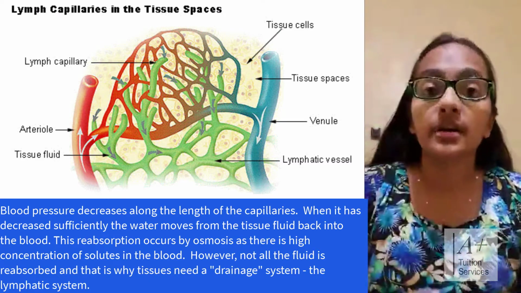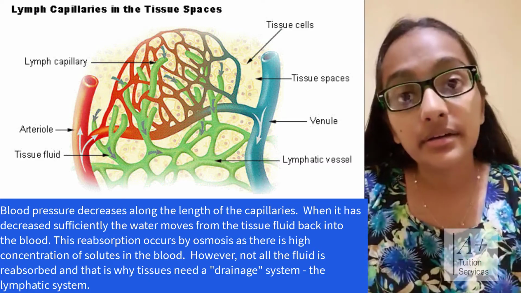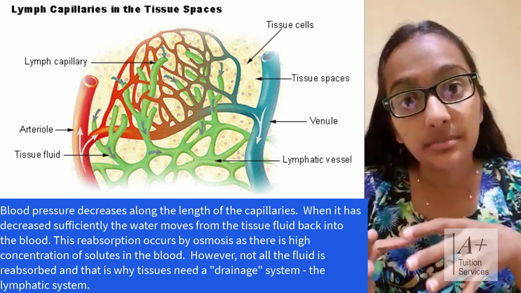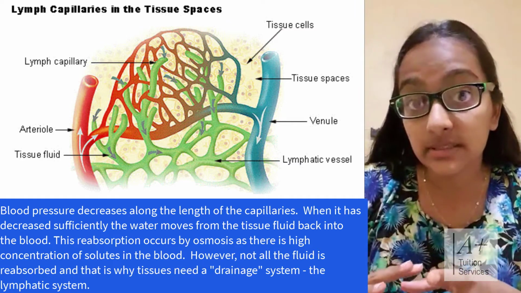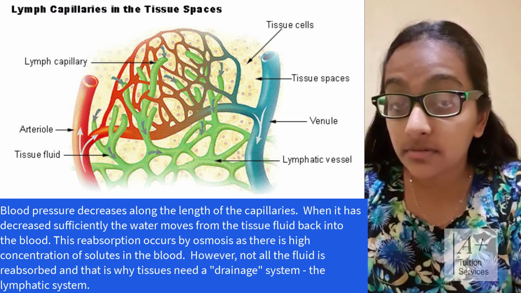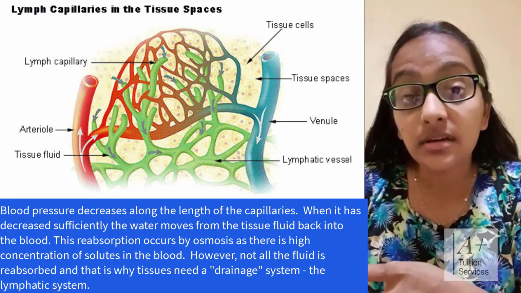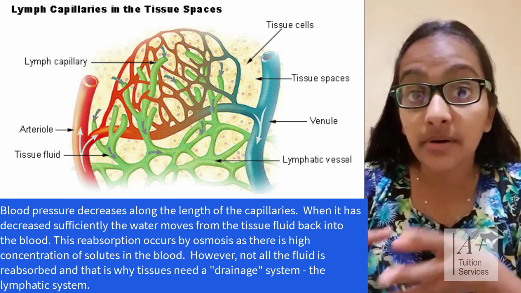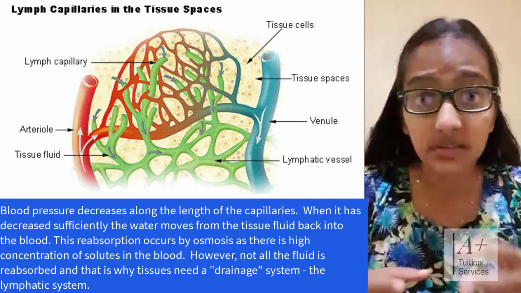Before, the pressure was higher in the capillary, so it pushed the fluid out of the blood vessel and into the tissue spaces, where the tissue fluid formed in the spaces surrounding the cell.